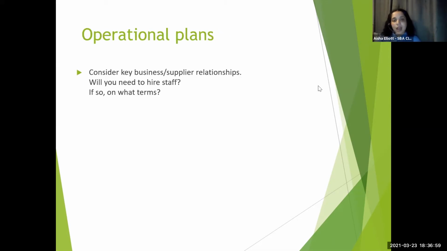And then have a think about what we call operational plans. So these are the relationships that you will have in the business that are kind of outside the customer business relationship. So try to think about who are your suppliers?